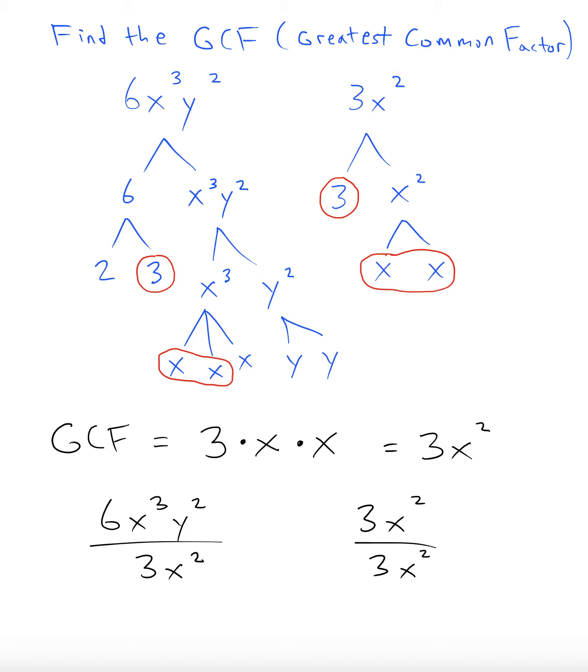All right, so how do you divide one term here by another? Well, we'll divide the numbers. 6 divided by 3 makes 2. And I also see that we have 3 x's on top.